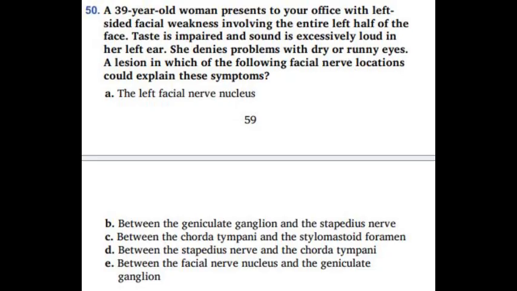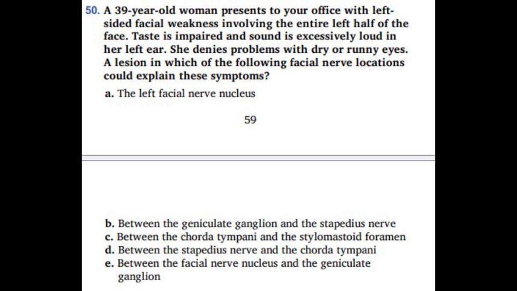She denies problems with dry or running eyes. That means that there is no issue with the geniculate ganglion, which gives rise to the greater petrosal nerve that innervates the lacrimal gland. So that means that our lesion is somewhere after the geniculate ganglion, just before the stapedius.